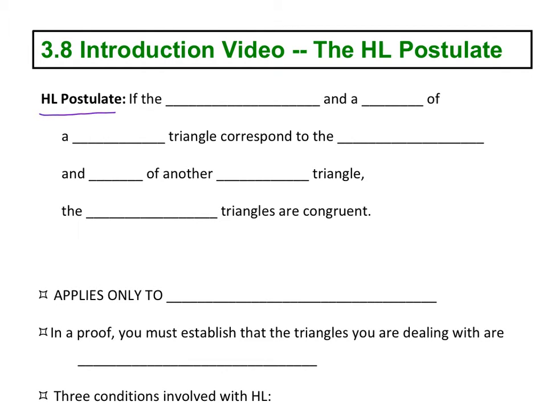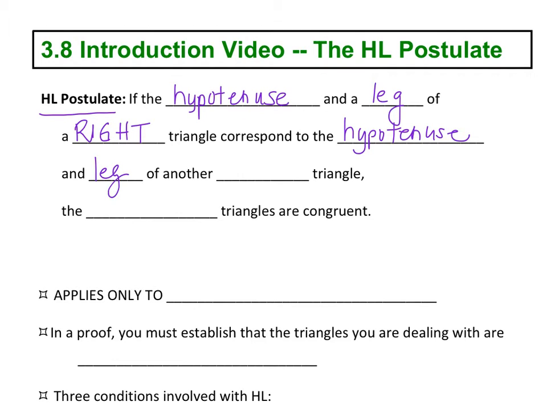HL postulate: if the hypotenuse and a leg, and just a leg, not both, so if the hypotenuse and a leg, there's your HL, of a right triangle, I'm going to capitalize that, right triangle, correspond to the hypotenuse and leg of another right triangle, then the two right triangles are congruent.